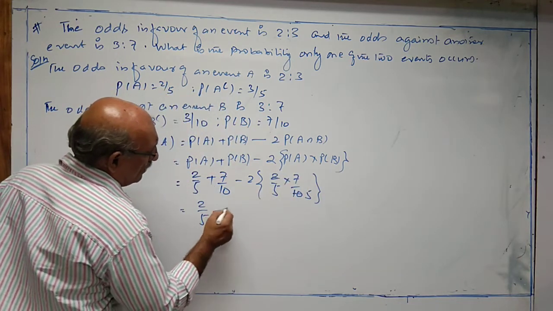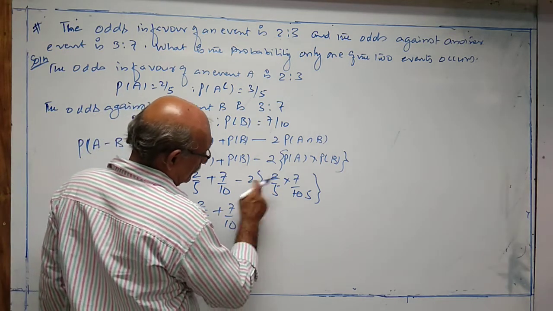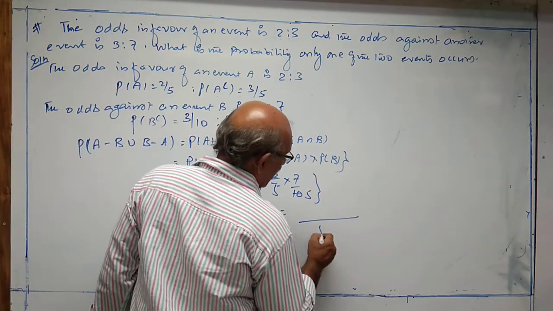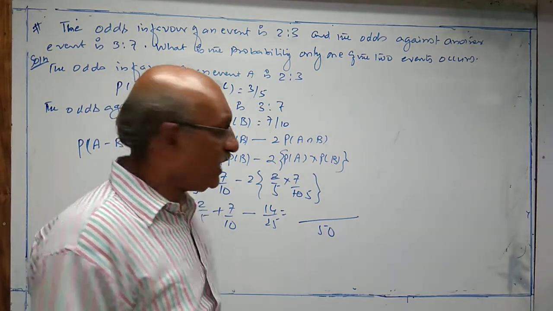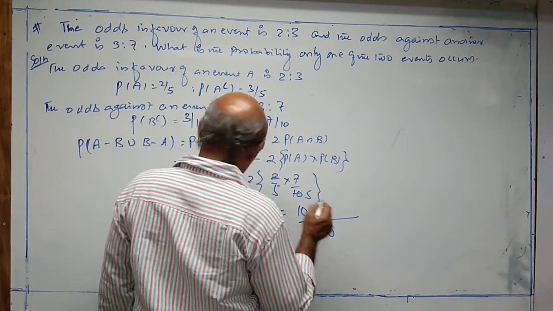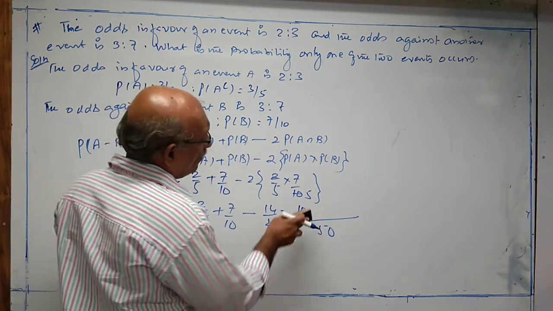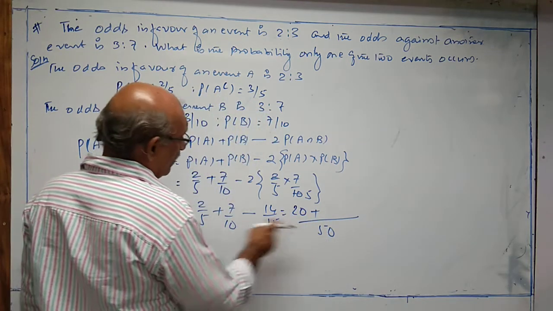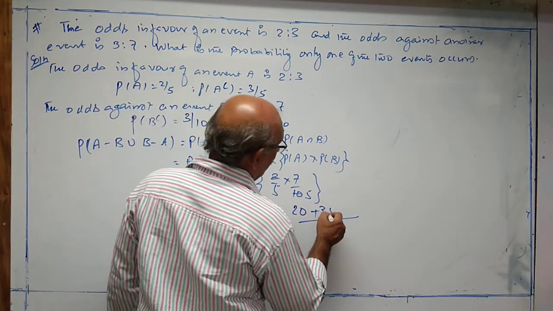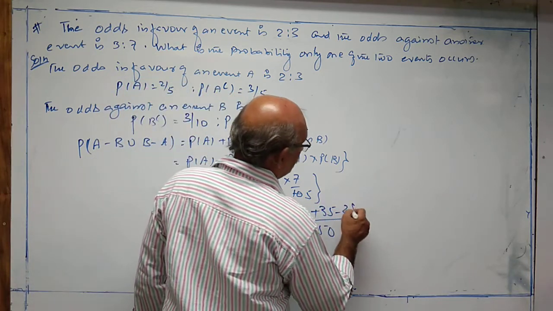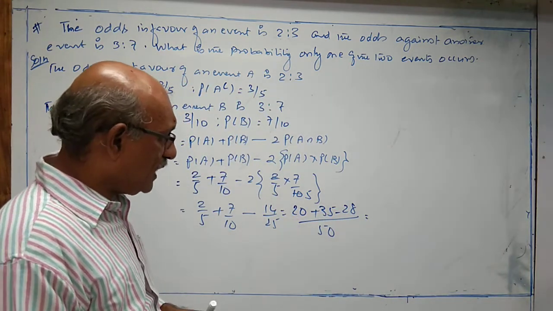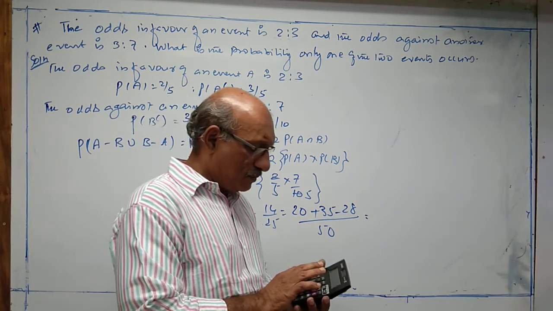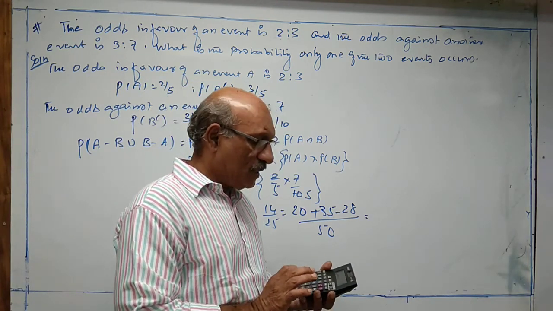So this is 2/5 plus 7/10 minus 14 divided by 25. So I can take 50 as LCM. 5 will go 10 times, 5 2s are 20, plus 10 will go 5 times, 5 into 7 is 35, minus 28. 55 minus 28 is 27.